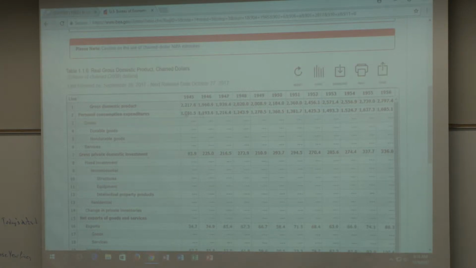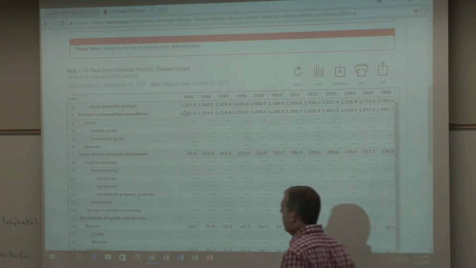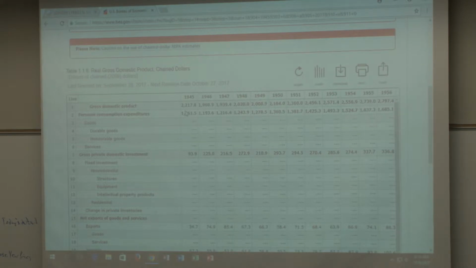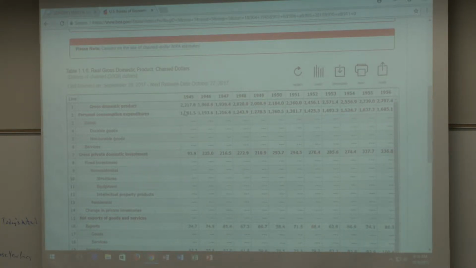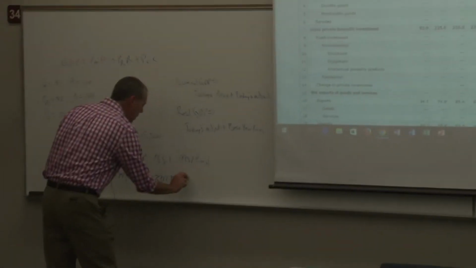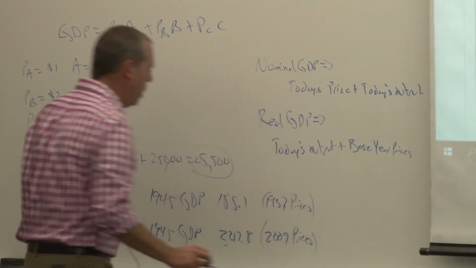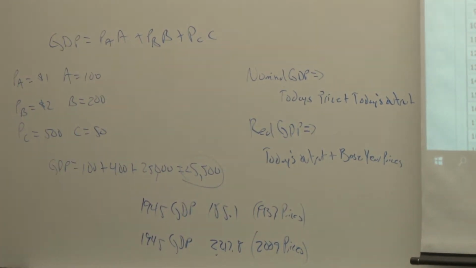And we can see here using today's prices, right? We're getting two completely different numbers.